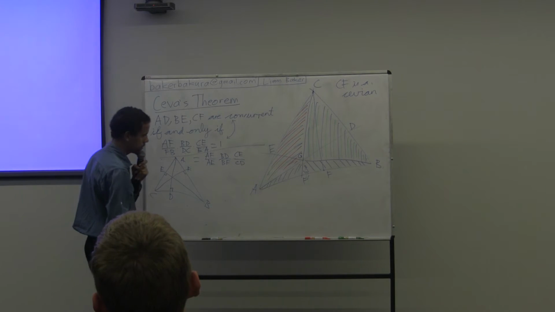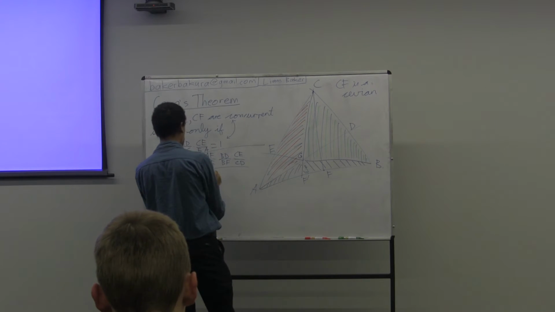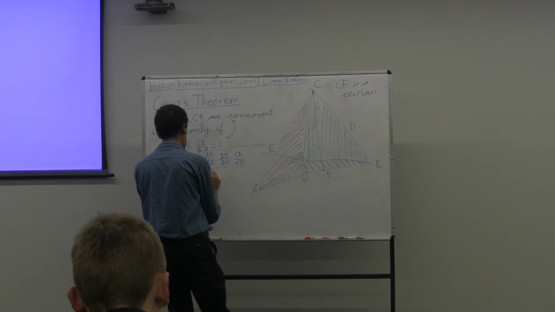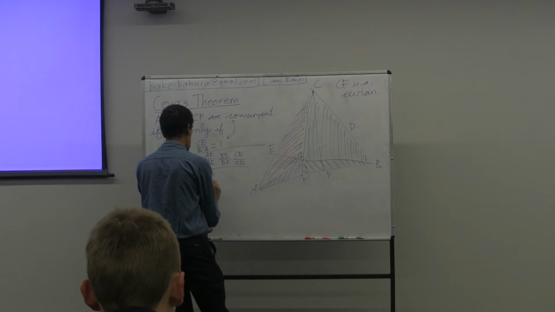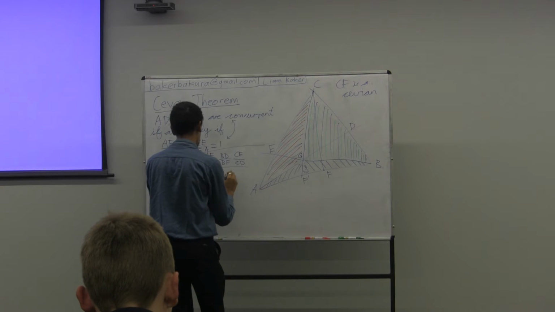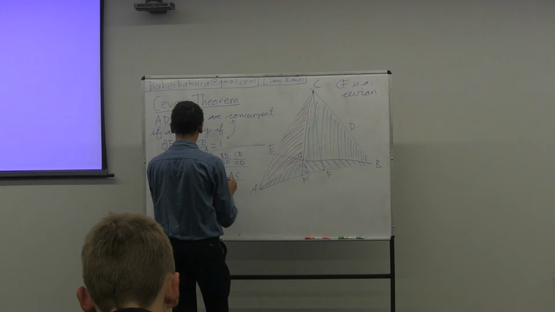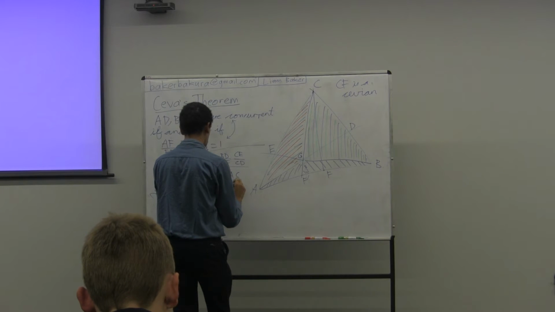So first of all, we want to prove that's equal to 1. AF over AE is equal to AC over AB.